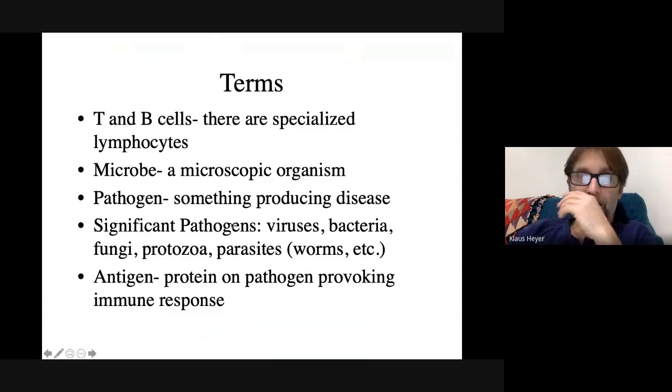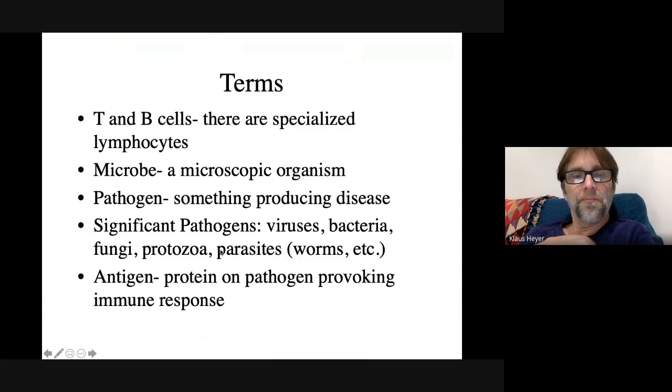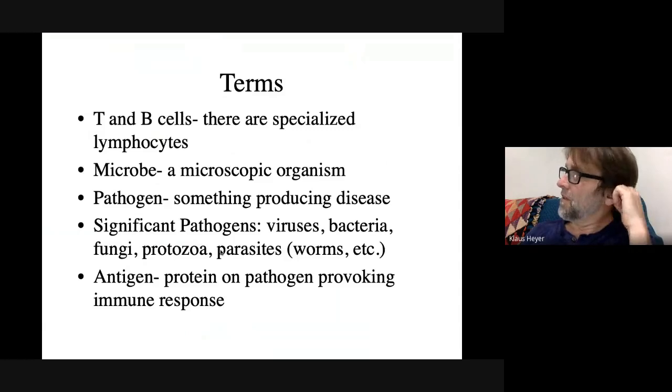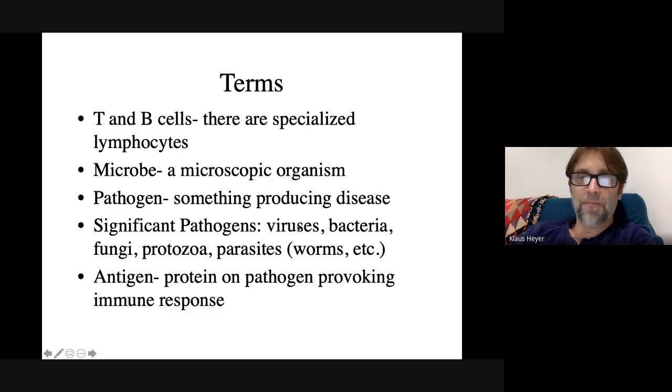Oh, you know what? I might ask you about significant pathogens. It'd be nice to know different types of things that can make you sick. Right? A pathogen is something that makes you sick. So what are different things that make you sick? This is not all inclusive, but these are the main things, right? Most of the time, it's going to be a virus or a bacteria.